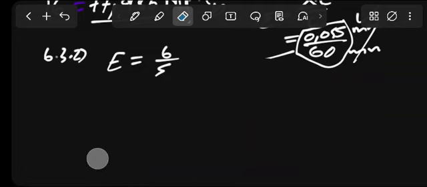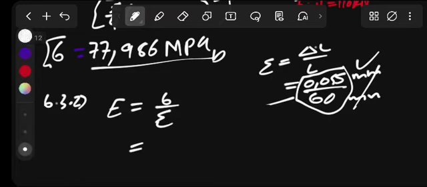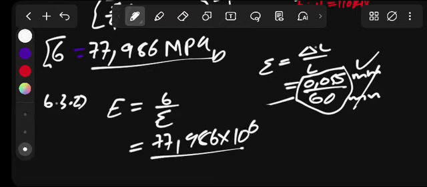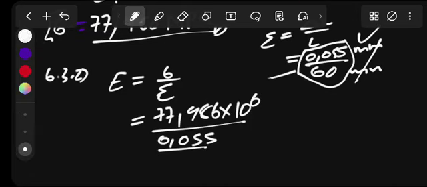All right. Here we still have the Young modulus. The stress now is the one that we got, which is 77,986 times 10 to the power of 6, divided by 0.055 divided by 60. Let me punch this.